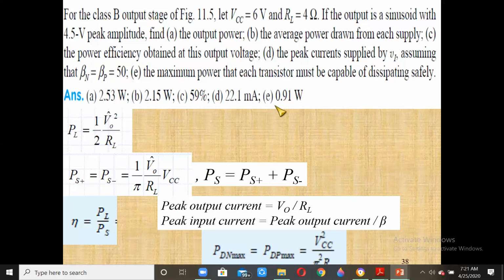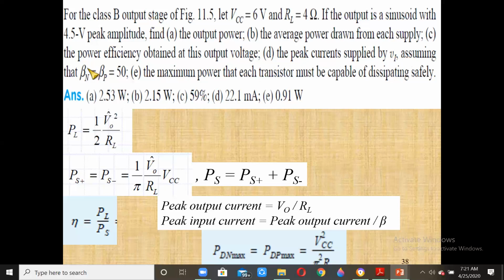Then we can find the efficiency corresponding to this, and that will be PL by PS. So that will be 2.53 divided by 4.15, and that will give us something like 59%. And then we have to find the peak current supplied by Vi, assuming this. The peak current at the output will be the value of IL, and that is the same thing as IC.